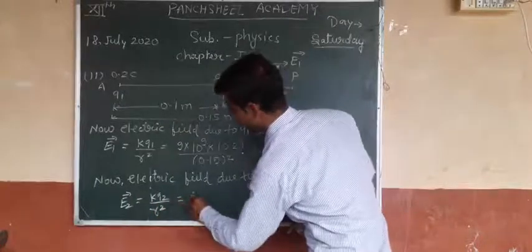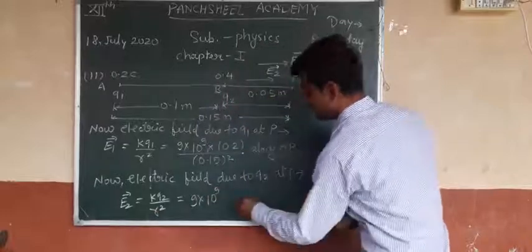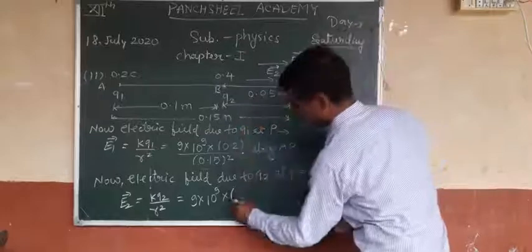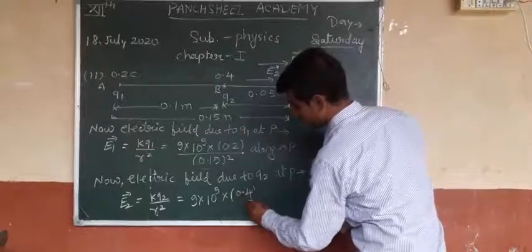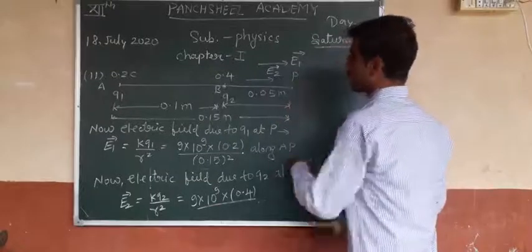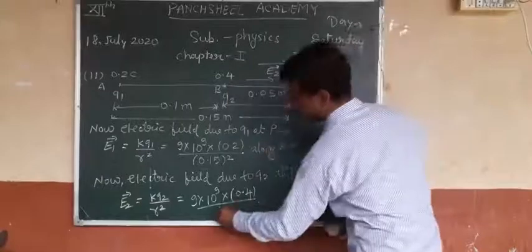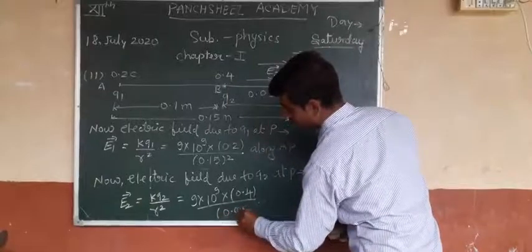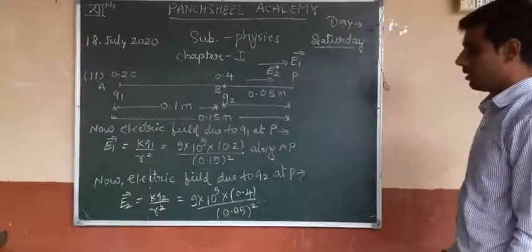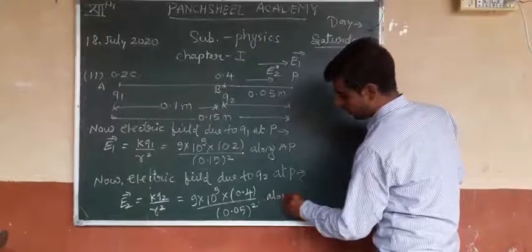So write 9 into 10 to the power 9. And what is the value of Q2? Q2 is 0.4. Upon what is R? This is the distance between Q2 and P, so I write 0.05. Okay, this is the value of E2 along which direction? Along BP.